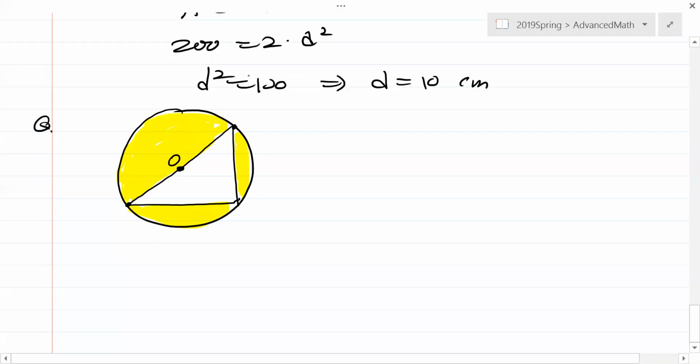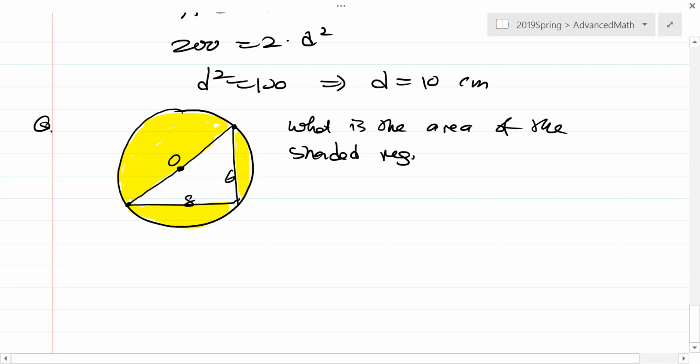The question is, what is the area of the shaded region? This side is 8, and that side is 6. Express the answer in terms of pi, unless you are asked to estimate it.